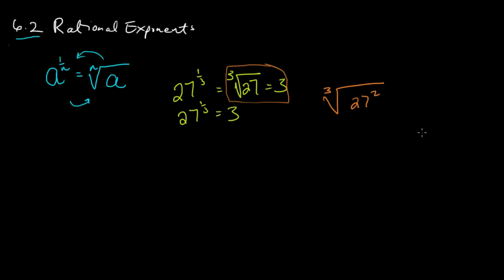Now, 27 squared is a pretty big number, and I don't really want to multiply it out and then try and figure out what the third root of it is. So let's manipulate it. Let's change it to this rational exponent notation.